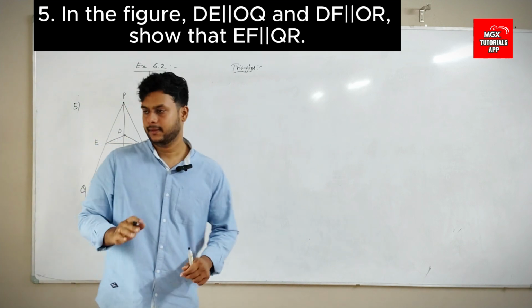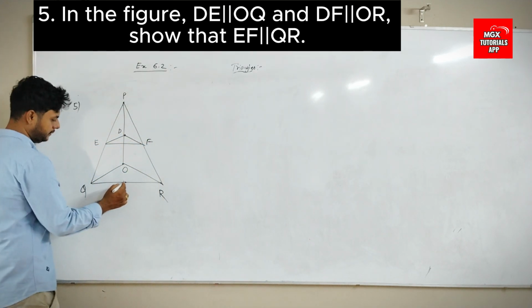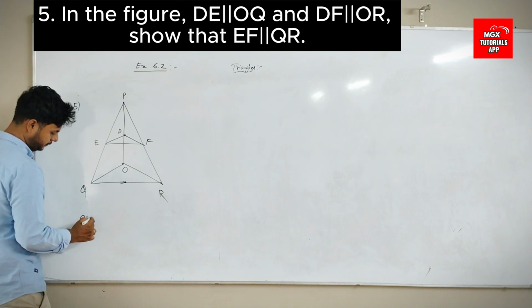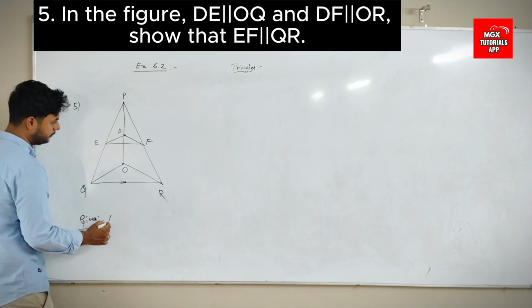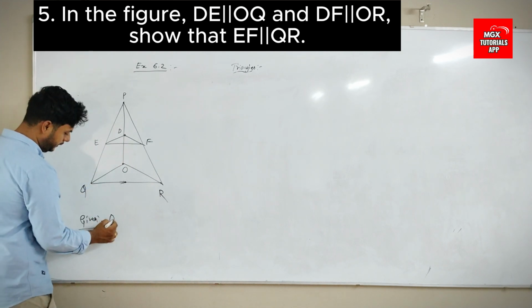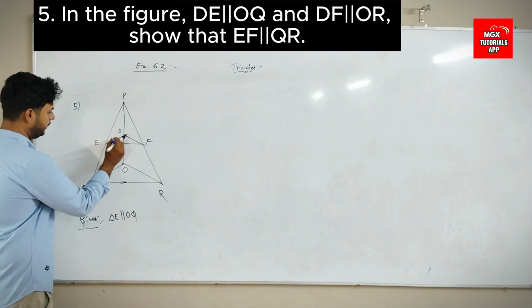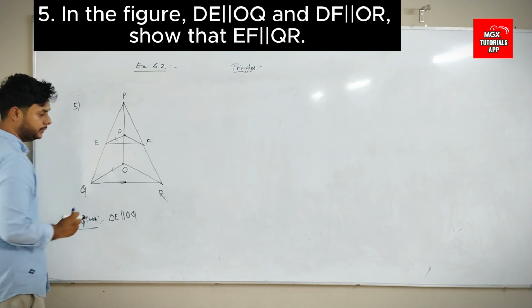Very simple sum. This is very easy. Okay, read. Read fast. Figure 6.2, DE is parallel to OQ. Once again read it. DE is parallel to OQ. Okay, see here. DE is parallel to OQ.